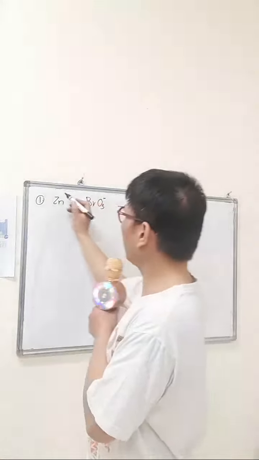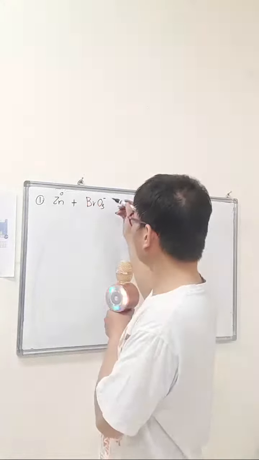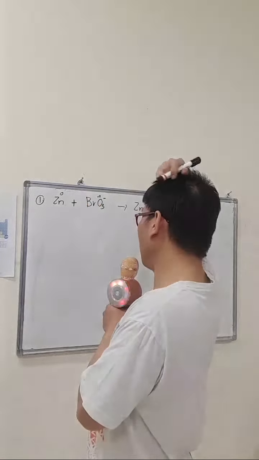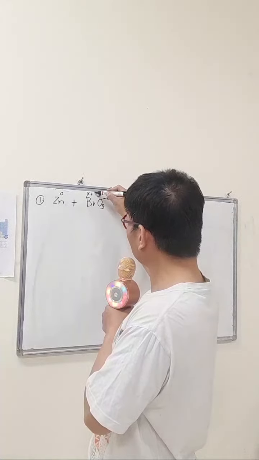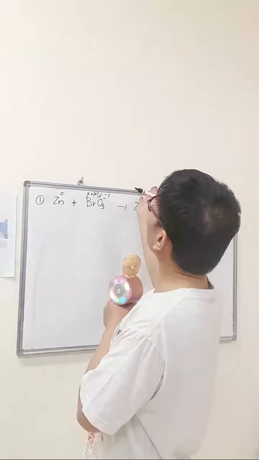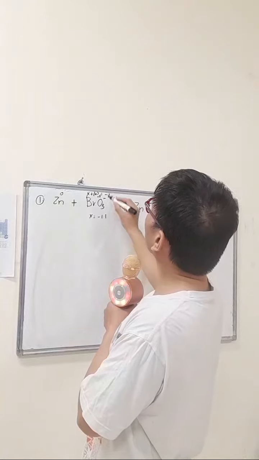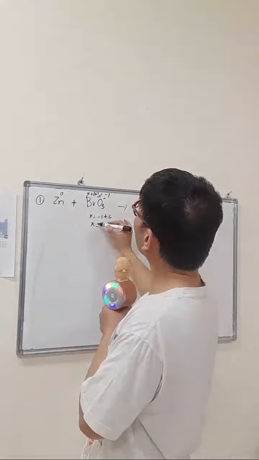Okay, zinc is 0. And then the oxygen in bromate is -2, and -2 times 3 is -6. So x plus -6 is equal to -1. Therefore x is equal to -1 plus 6, because this is -6, then x is equal to +5.